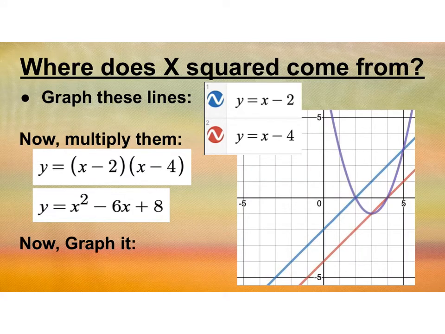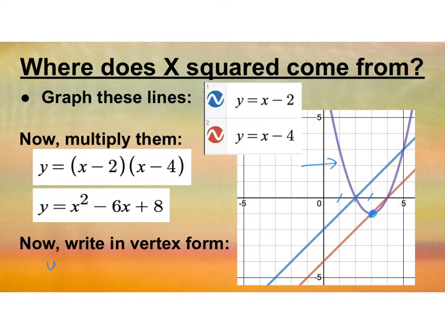Here's the graph. So the graph is in purple, and that's what the graph of x squared minus 6x plus 8 is going to look like. You can see it goes through 2, it goes through 4, but now it's a curve. Let's see if we can write this purple equation in vertex form using our transformations. So I went over 1, 2, 3, and down 1. There's my vertex.